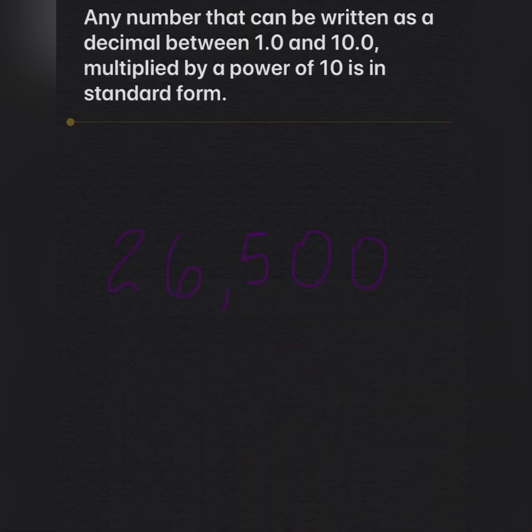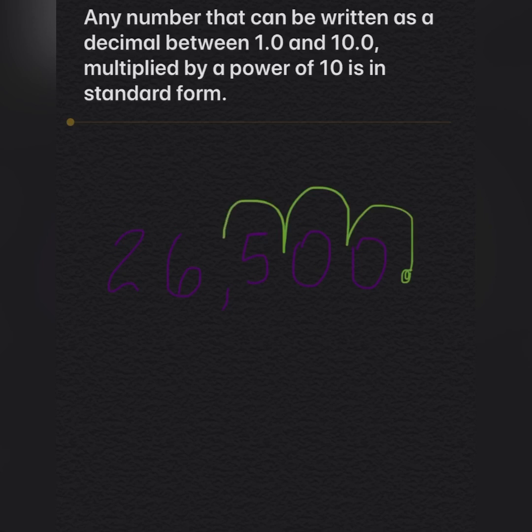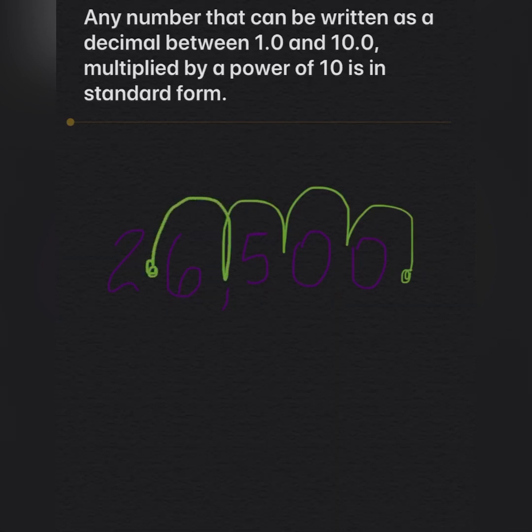Now let's look at this one, 26,500, and we're supposed to write that in standard form. We don't see the decimal point, and we know that for this whole number it is right here at the end. We move the decimal point so that we get a number between 1 and 10. 26 is still not between 1 and 10, but 2.6 is.